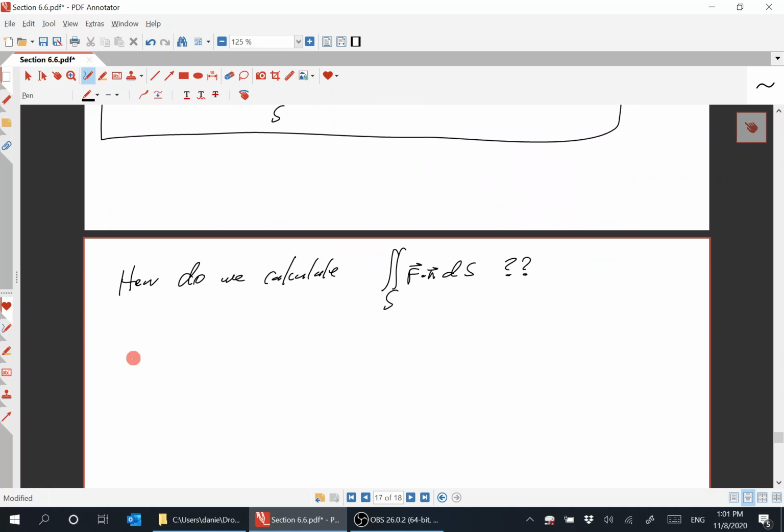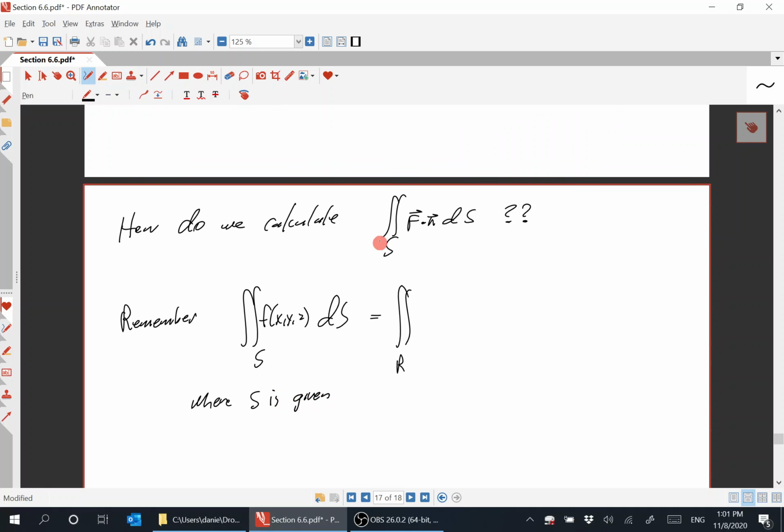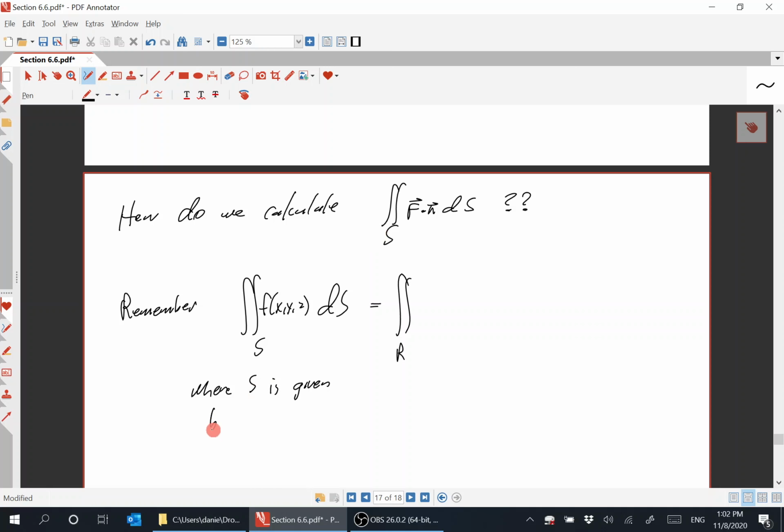Well, remember, the surface integral of f(x, y, z) over S dS is equal to the double integral over R, where S is given by r(u, v) for u and v in this region R.